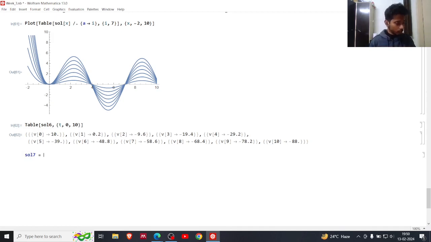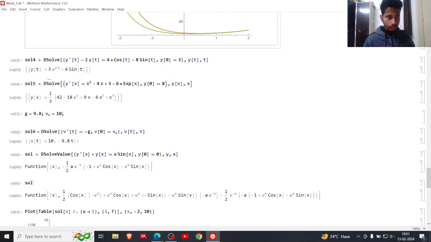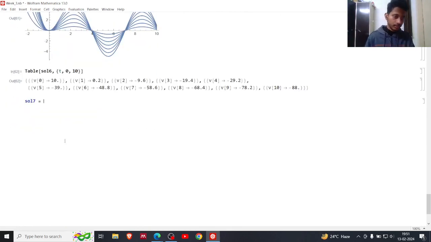Now we can do the same thing with the displacement, and from this equation we already know the instantaneous velocity, that is 10 minus 9.8t. So we can use that and write solve 7, s'(t) equal to minus 9.8t plus 10, s(0) equal to 3.